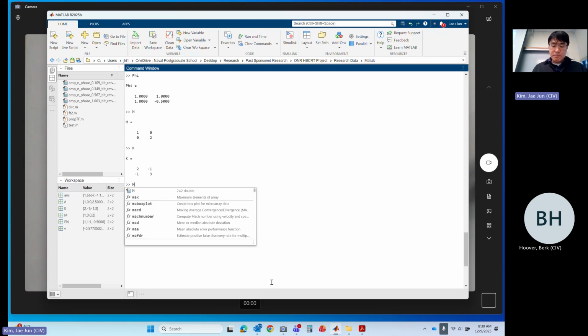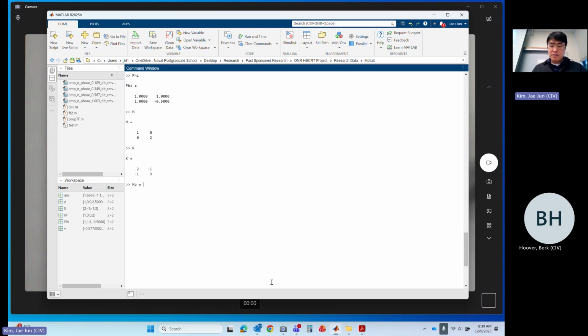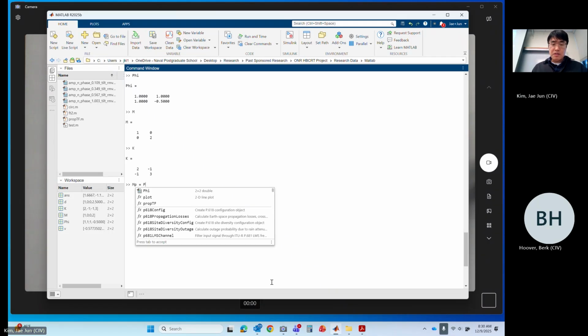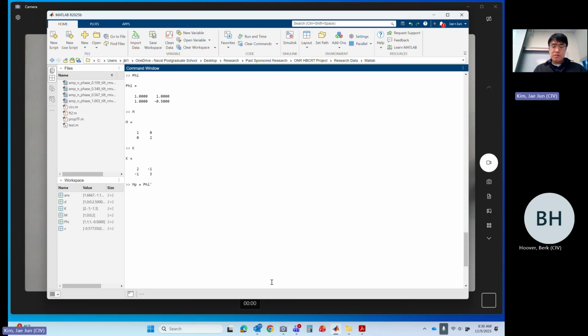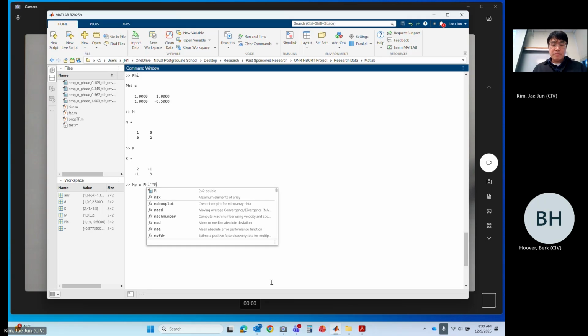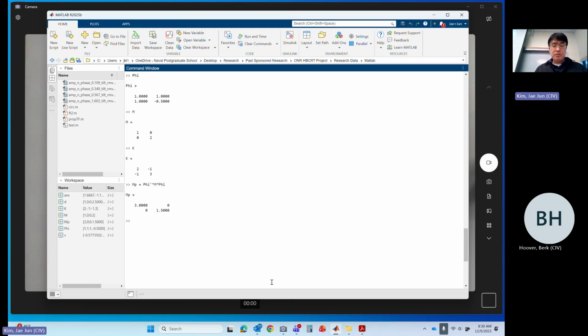So M prime is phi transpose times M times P. So that's the new modal mass, 3001.5.